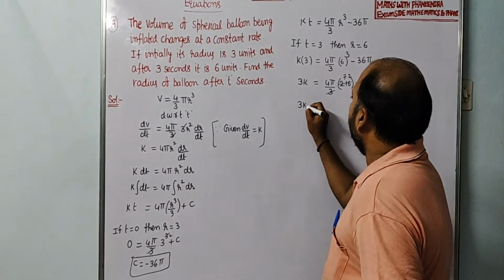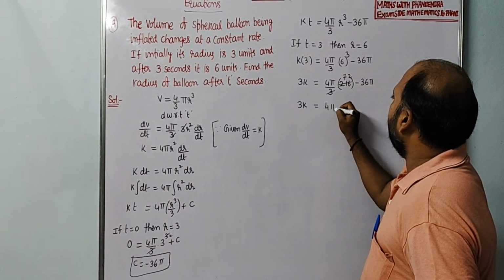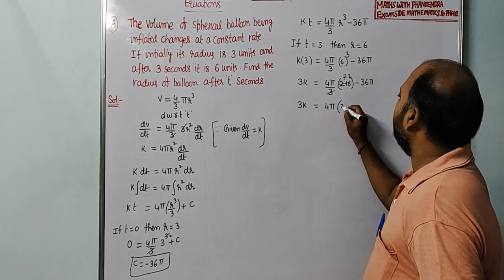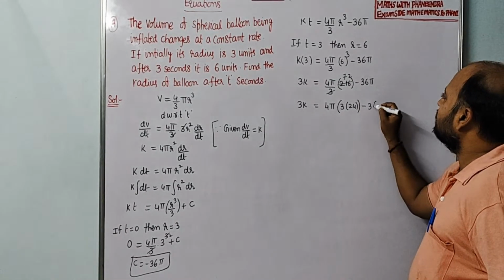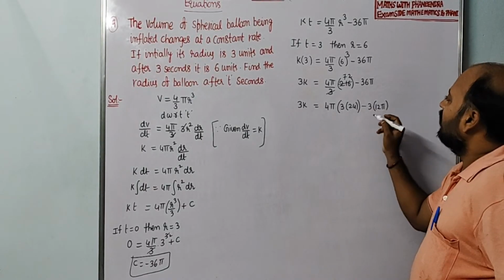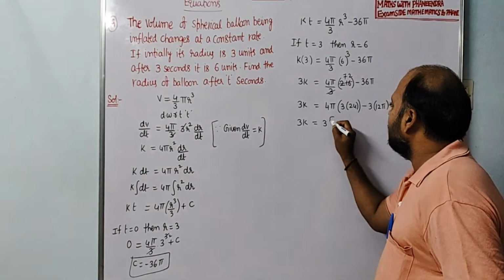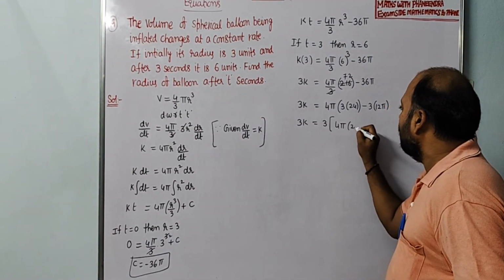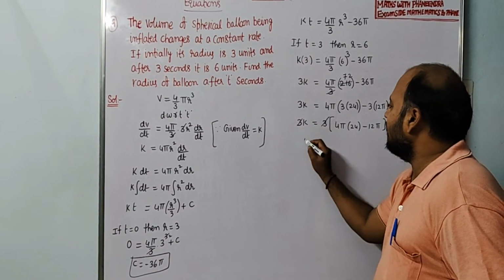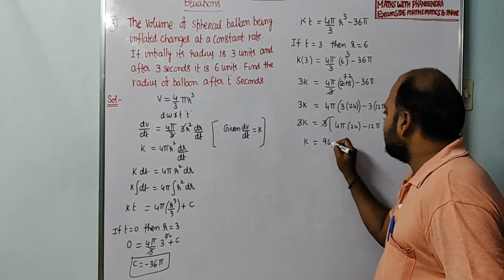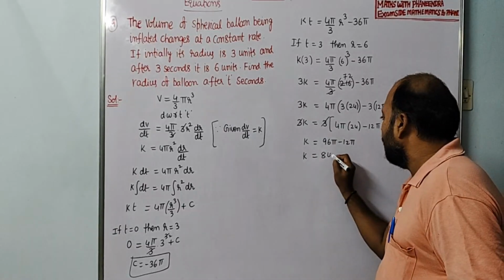So 3K is equal to 4 pi into 72, which can be written as 3 times 24, minus 3 times 12 pi. Taking 3 common, 3K is equal to 3 times 4 pi into 24 minus 12 pi. So the 3 gets cancelled. K equals 96 pi minus 12 pi. So K equals 84 pi.